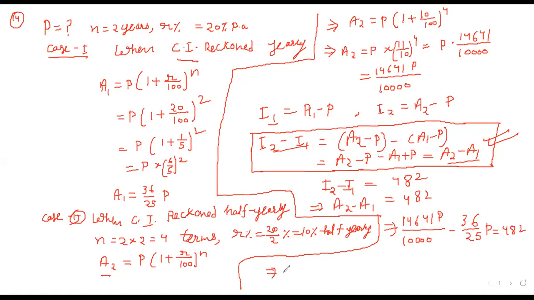So when you take the LCM as 10,000, 14,641 is still the same, minus 36 into 400, since 10,000 divided by 25 is 400. So when we multiply 36 by 400, it is 14,400. P equals 482. So it is 241 P upon 10,000 equals 482.